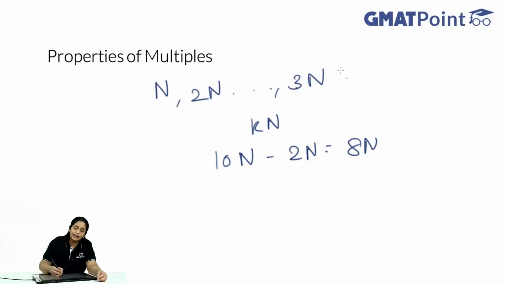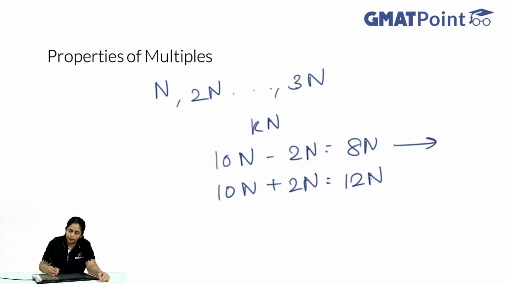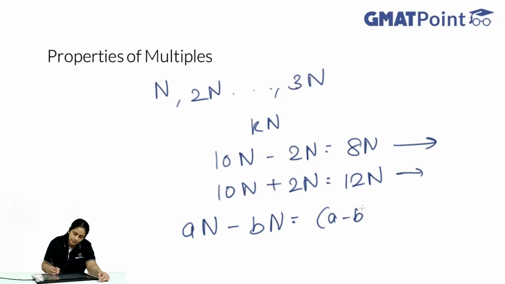So any difference of any two multiples of the given number n will also be a multiple of n. Similarly, if I consider the sum of any two multiples of n, that will also be a multiple of n. So this will also be 12n. If I take the difference, an minus bn, where a and b are both integers, this becomes a minus b times n, which is also a multiple of n.